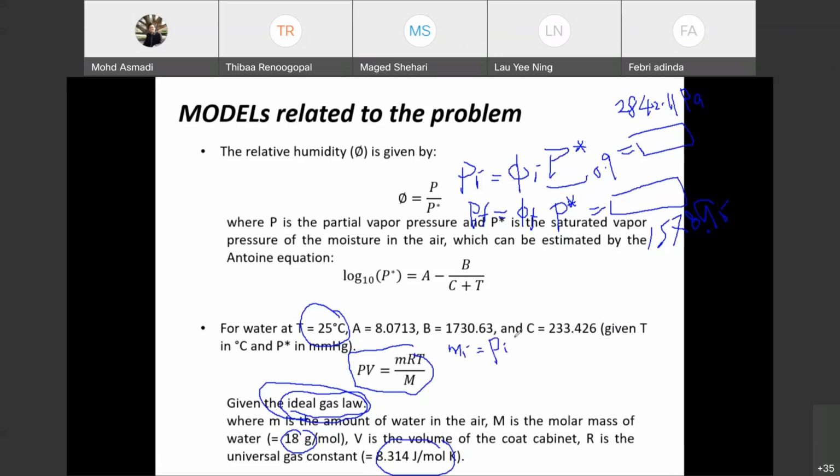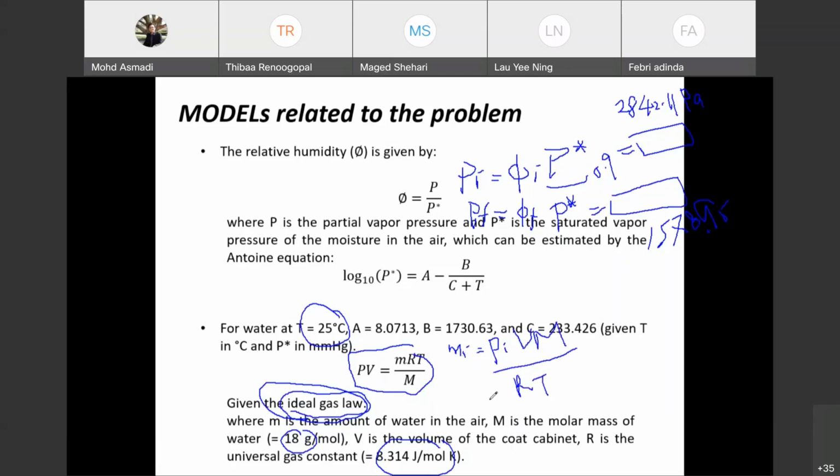For the initial, V is the dimension of the closet just now, which we gave you already. M divided by RT.